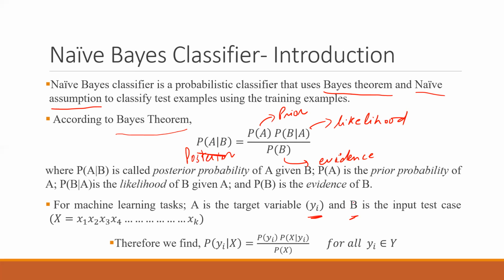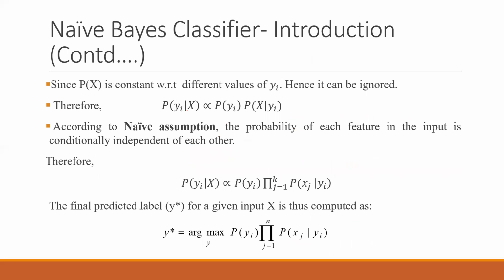So that is my B. Therefore, we find that P of y given x equals P of yi into P of x given yi upon P of x. Here my yi belongs to capital Y, my output variable. So all the classes, whichever they are, will be my y, and based on that we will be looking into the values. Let's see how this helps us.